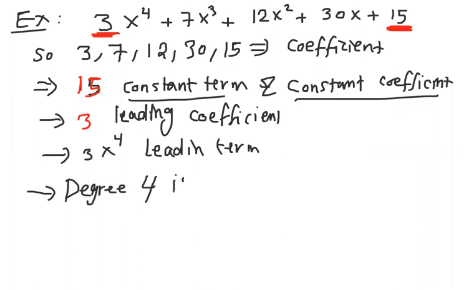It is the highest power or exponent. Look at the powers here: we have 4, we have 3, we have 2, we have 1, and here we have power 0. So we look at the highest one, and the highest one is called the degree. So the degree for this polynomial is 4.